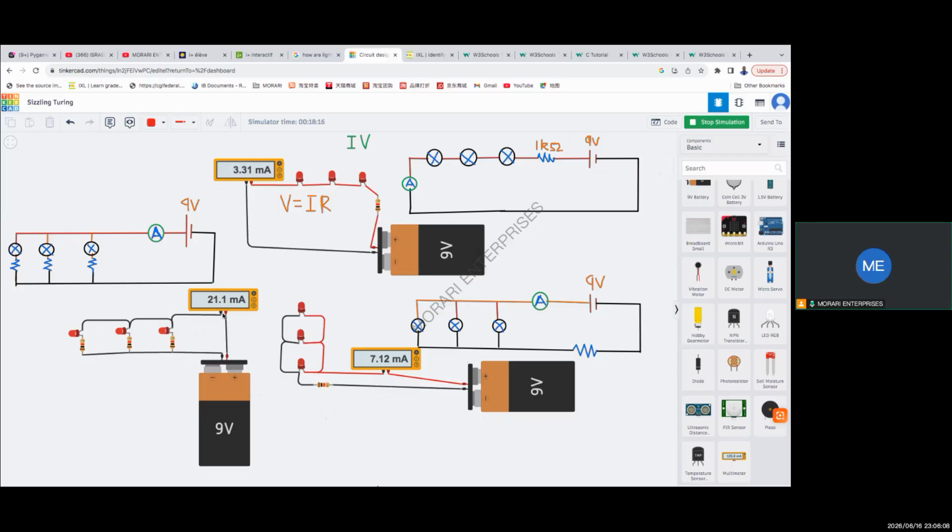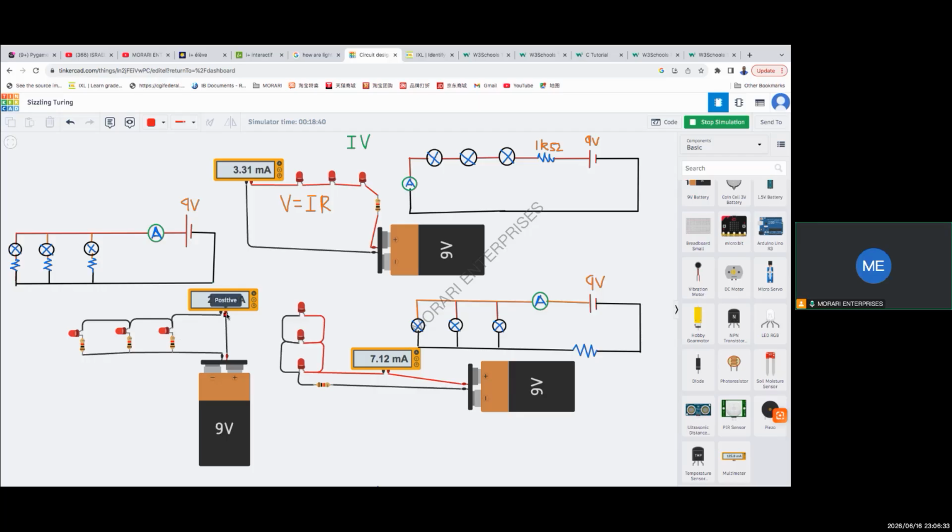This is a general current in the circuit, but the current that is flowing through each of these has to be split by 3. 21 point this divided by 3. Yeah, so that's why these two brightnesses, we didn't improve the brightness that much, but I think it is much better.